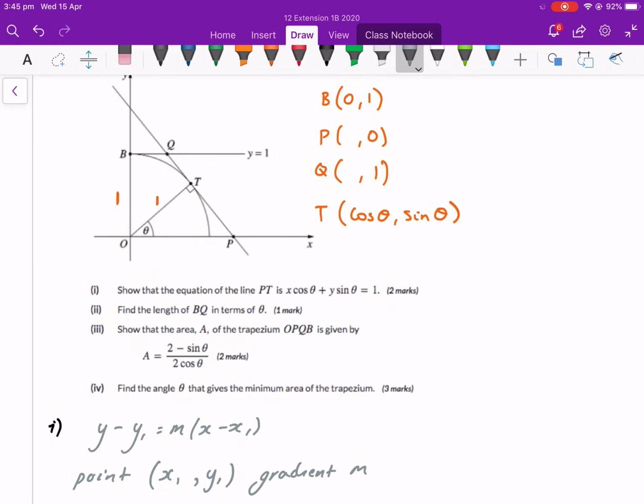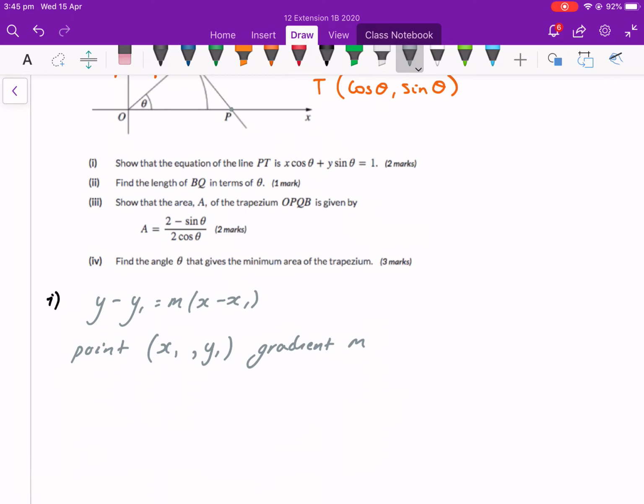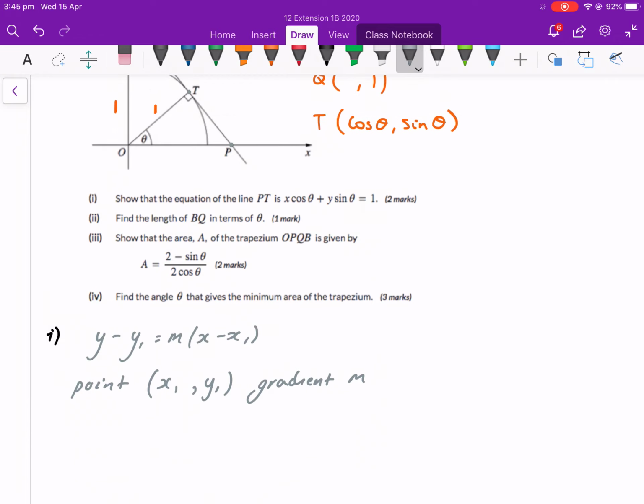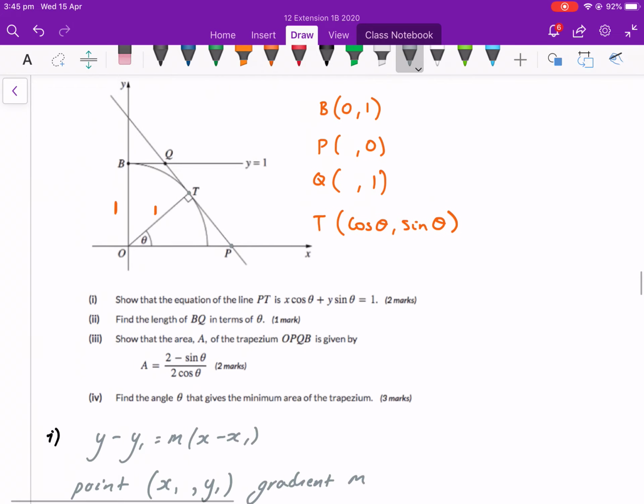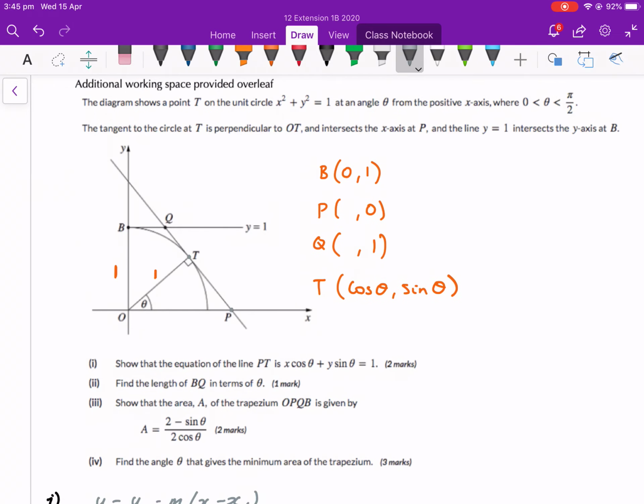Now, we actually know a point that this line passes through. We can see that PT passes through P and it passes through T. Now, we don't actually know the full coordinates of P, but we do know the coordinates of T. So we can say the line passes through T, so we've got our (x1, y1), but we need the gradient. Now, we need to look at this and work out how we can find the gradient of PT. The one bit of information we've got about PT is the fact that it is perpendicular to OT.